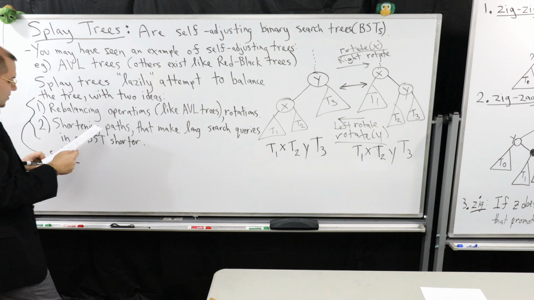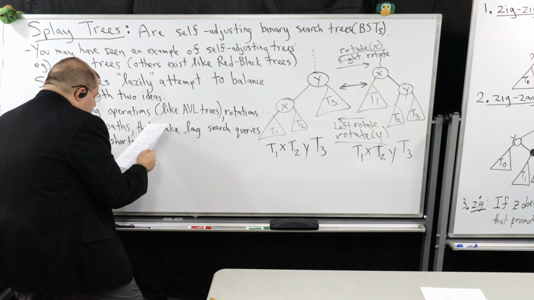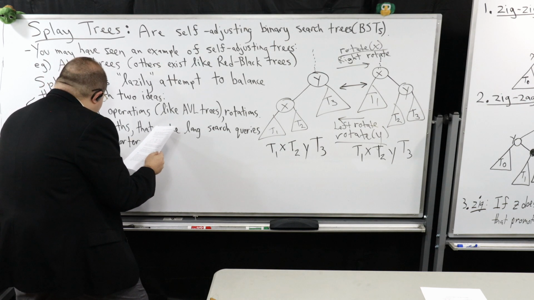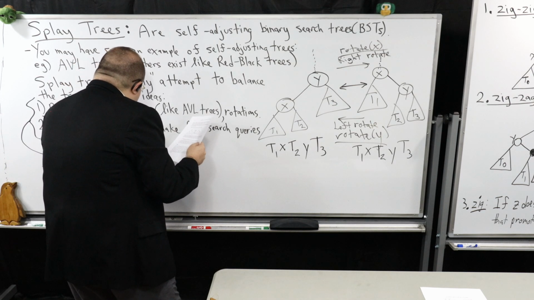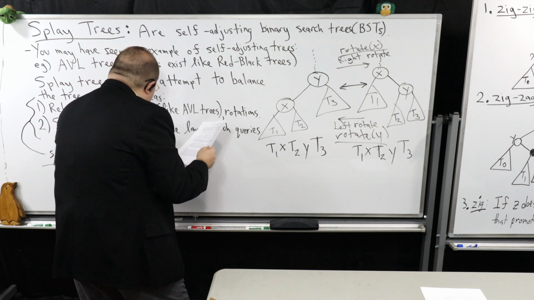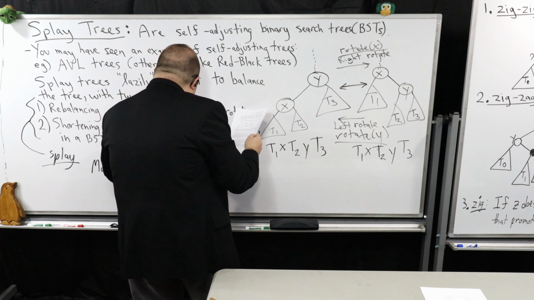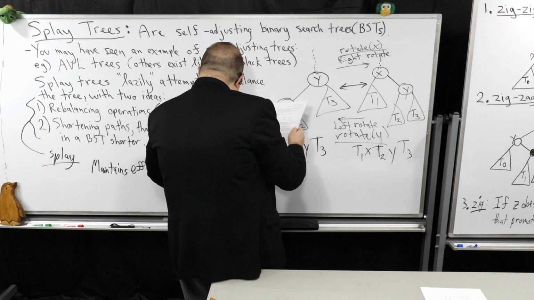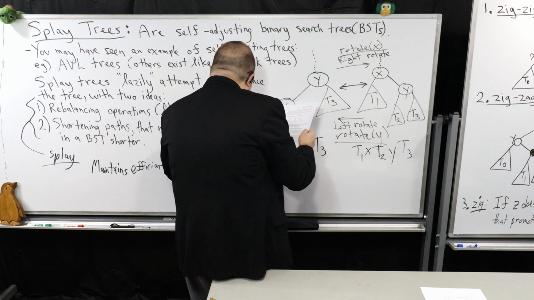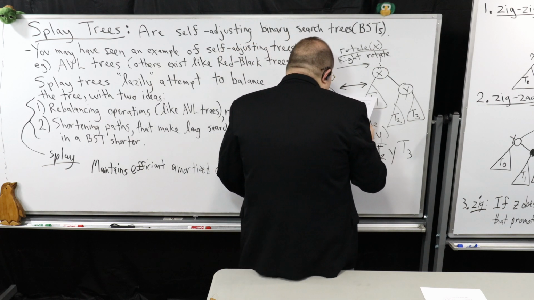I want to point out that the splay tree maintains efficient amortized complexities. I'll talk more about what I mean by this later.